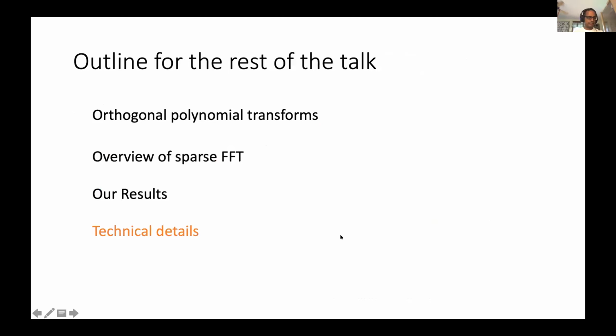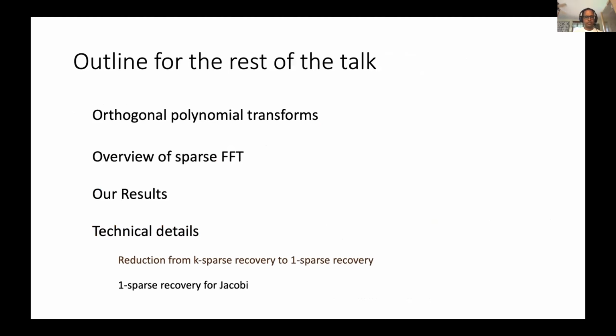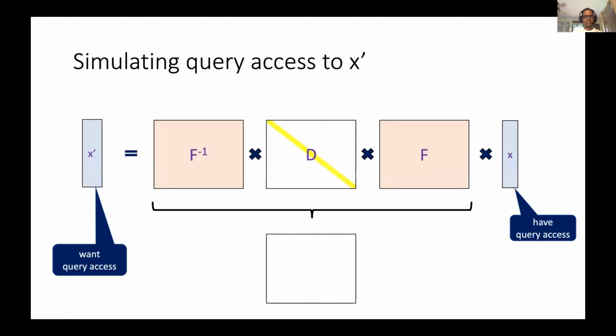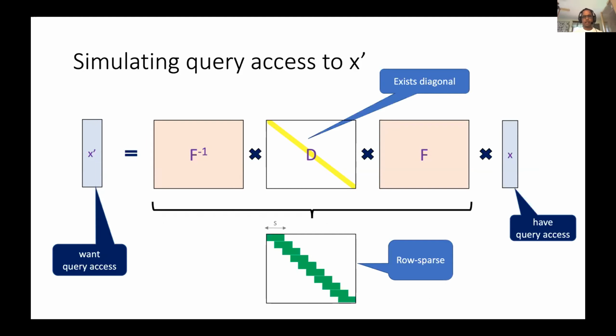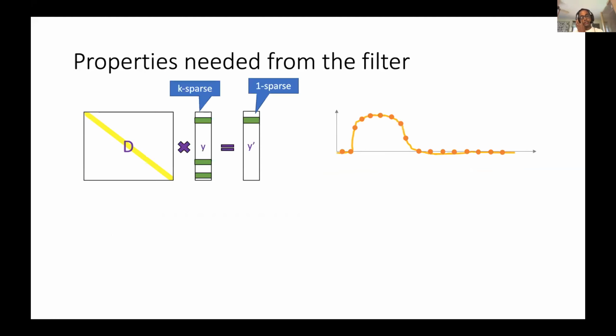All right, so as I said, I really do not have any time for technical details. So I'll do the obnoxious thing of just flipping through a bunch of things. There are pictures. So again, we want to do this query access to x prime. This is the result we wanted to prove.